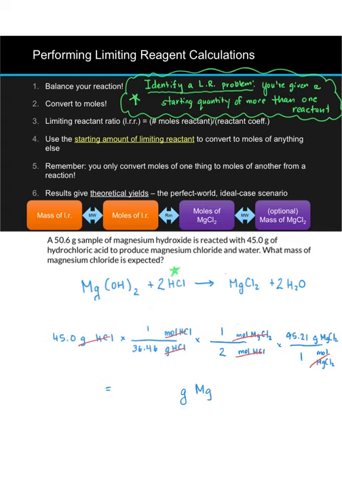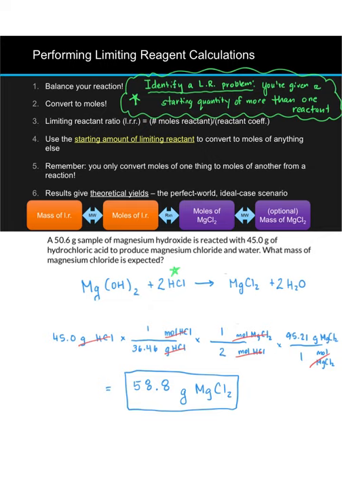We'll keep 3 significant digits. The result should be 58.8 grams worth of magnesium chloride produced as a predicted amount or theoretical yield in this reaction.